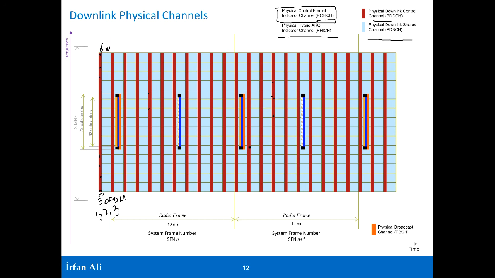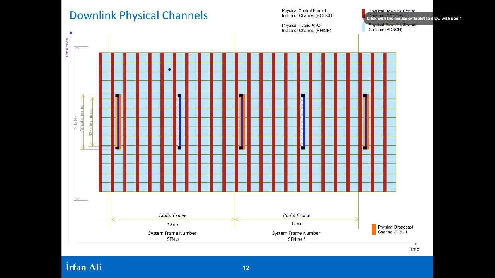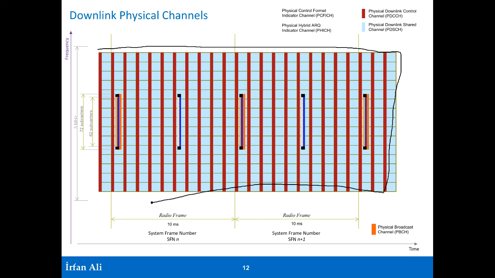So these are our main physical channels that are present, and this is the main important structure that our downlink channel has, that the mobile looks at. That's this red and blue tile structure.